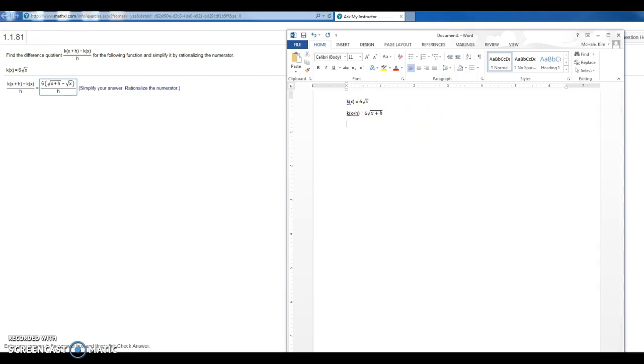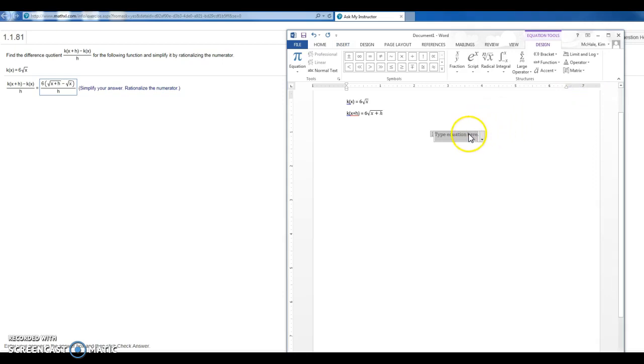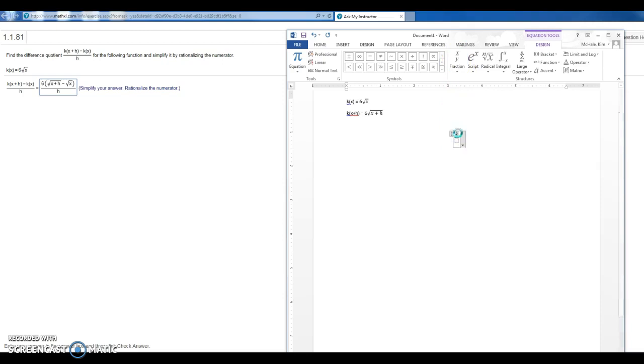All right, so that means that my function, this difference quotient, let me type that out. So here's what I'm trying to find: this fraction, k of x plus h minus k of x all over h.